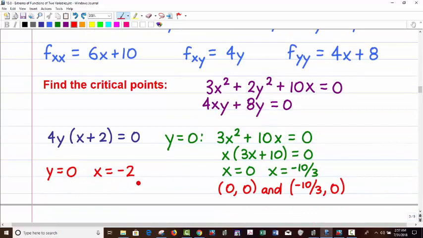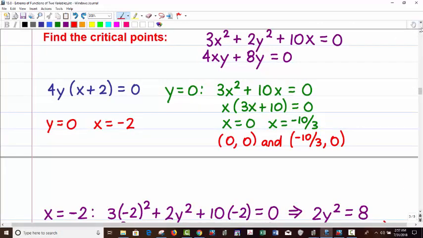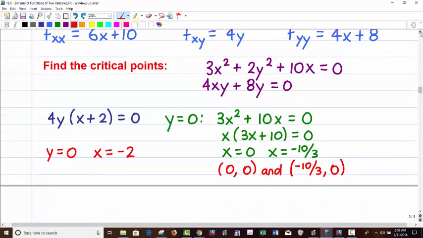So what you do is you take these values separately and plug them into the other equation. For example, I'll take the y equals 0, which I know satisfies the bottom one. Let's see what x's would also make it work by pairing it with the other equation. So I'll put 0 in right here.